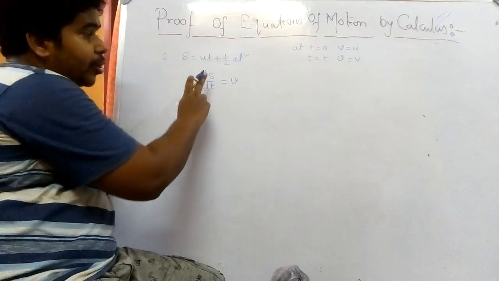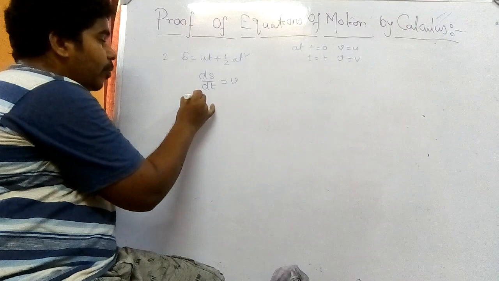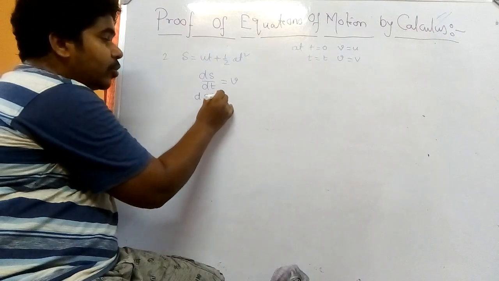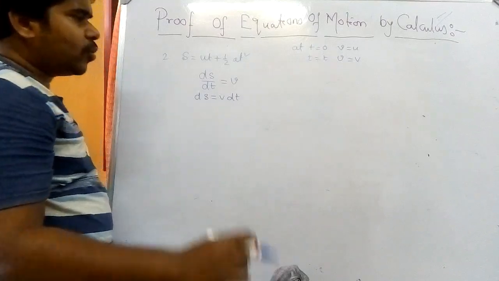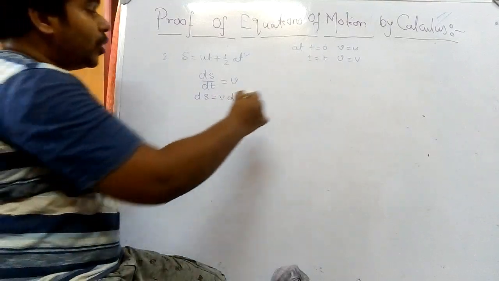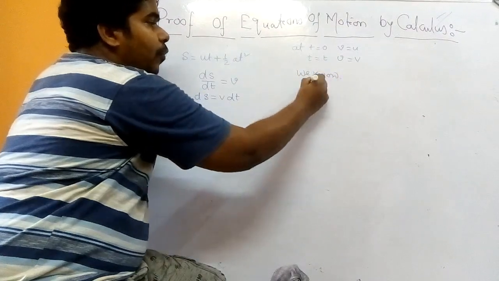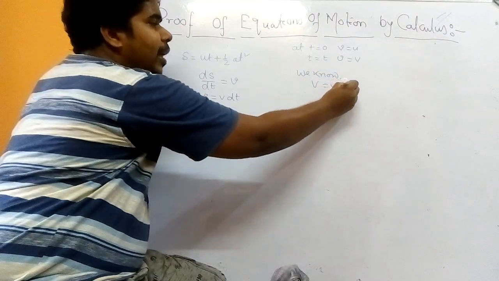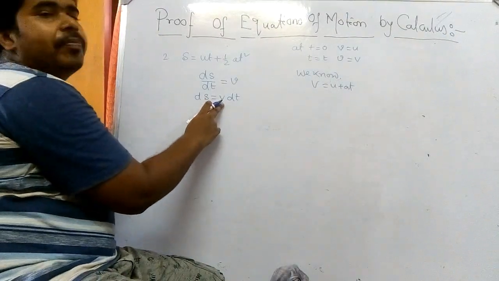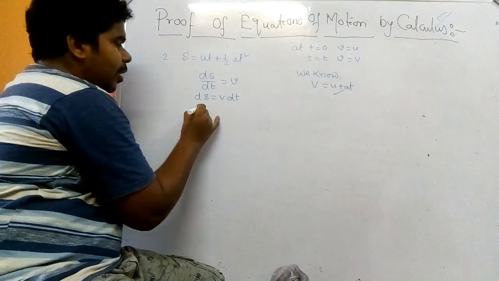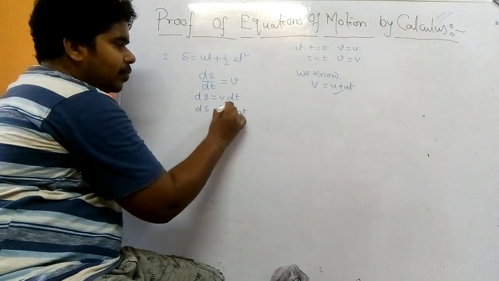From here we can write ds equals v dt. In this case, we have to use a twist. What is the twist? We know that v equals u plus at. Just now we have proved it. So in place of v, we put that equation, that is ds equals u plus at into dt.